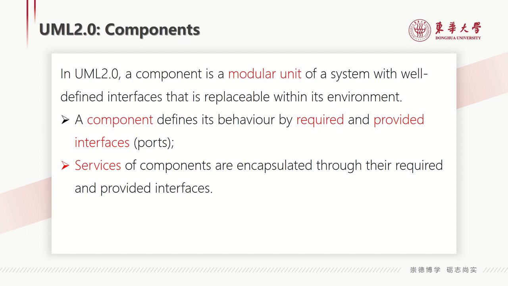So here, we call a component a modular unit of a system, because we know UML. What is UML? Unified Modeling Language. So here is a language to design a model.